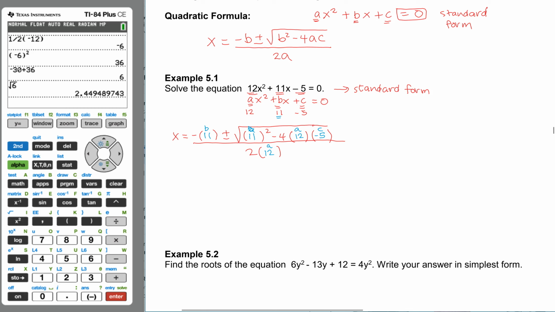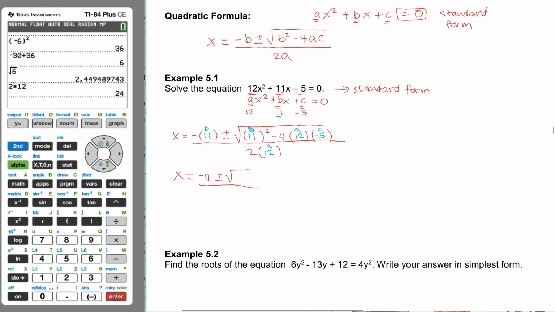Once you input the numbers correctly, you are now halfway to the correct answer. So you have x equals negative times positive 11, which is negative 11, plus or minus the square root of something, over 2 times 12, which gives you 24.